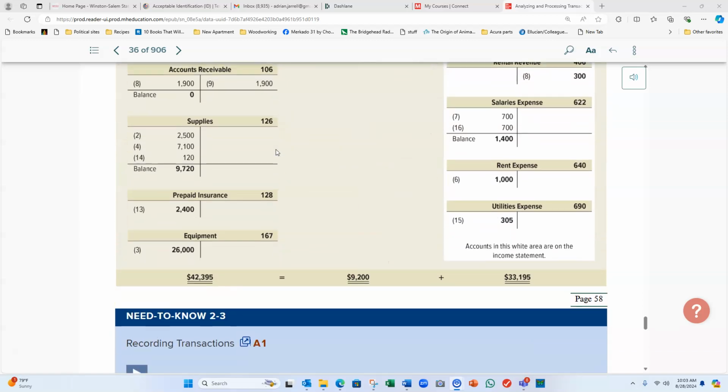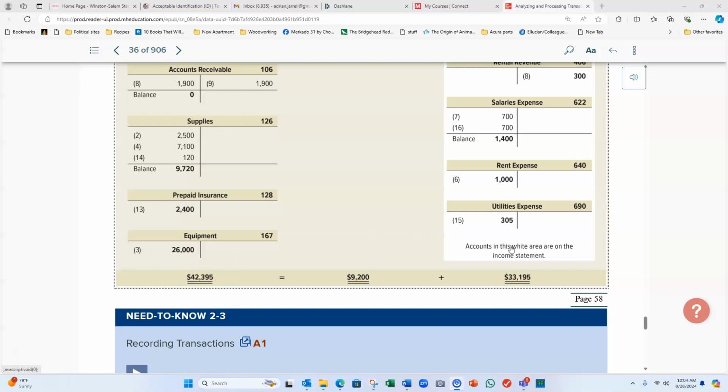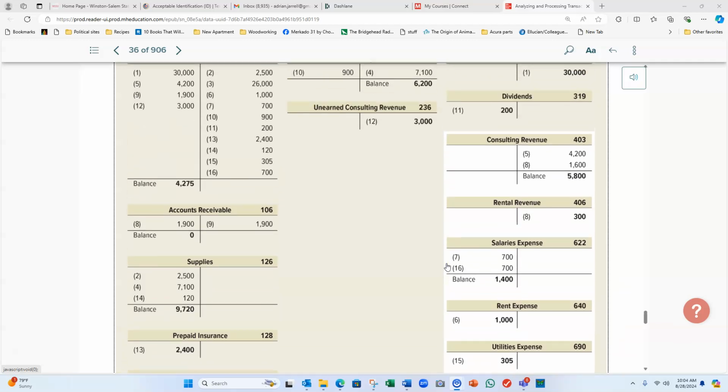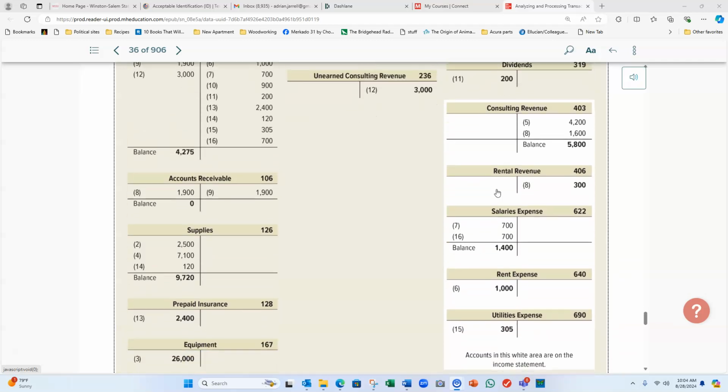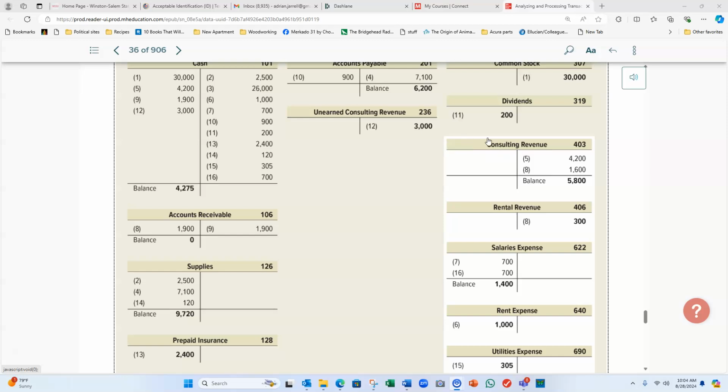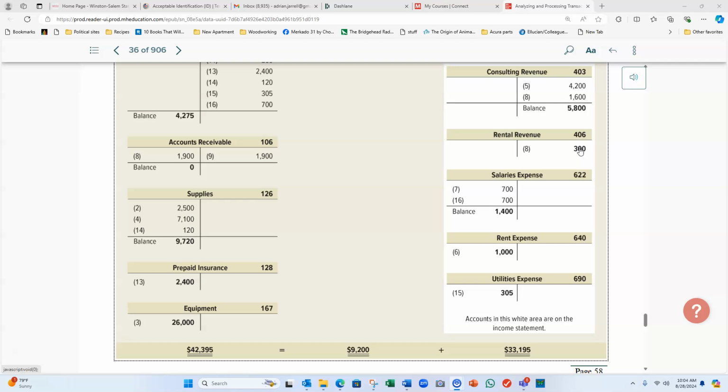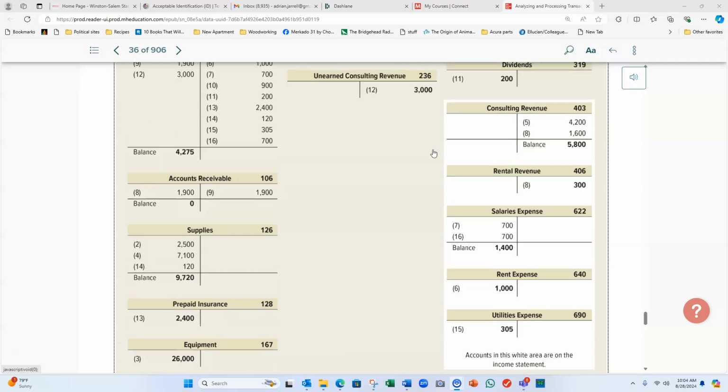Okay, we added them all up, and if you add the balances on the asset side and the liabilities and equity, they balance, 42,395. That's what this is here. This section here is the income statement. The income statement only includes revenues and expenses. That's all the accounts that are on there. And if you notice, that would only be from the 400 account numbers up through whatever the last number of your expenses is.